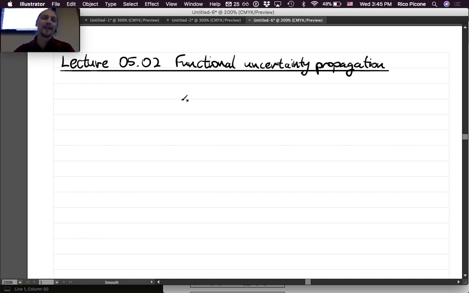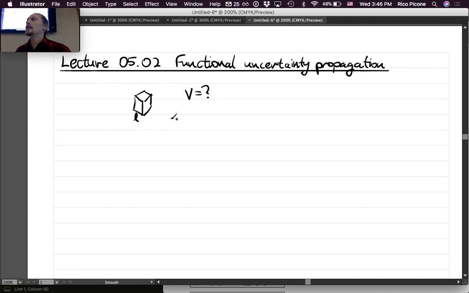Just bear with me. Say you had a cube, and you wanted to estimate the volume.